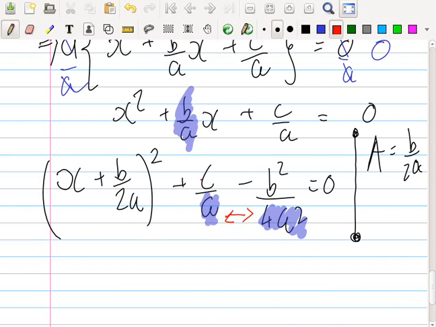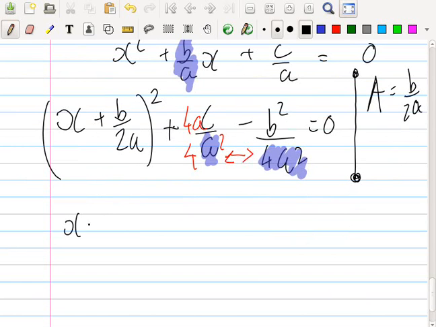Yeah, if I multiply the top and bottom by 4a, so 4a multiply a, 4a squared, and 4a multiply c, 4ac. Now that these are the same, I can put them together as one.